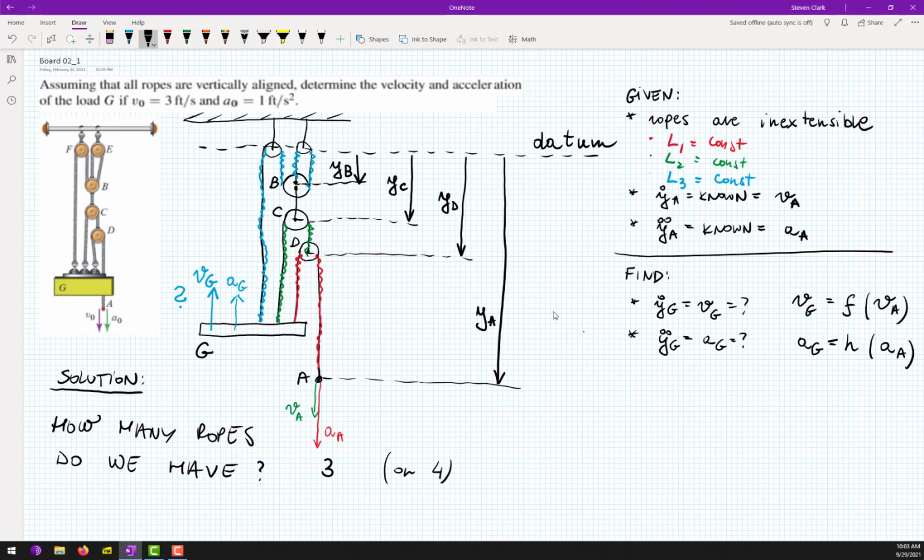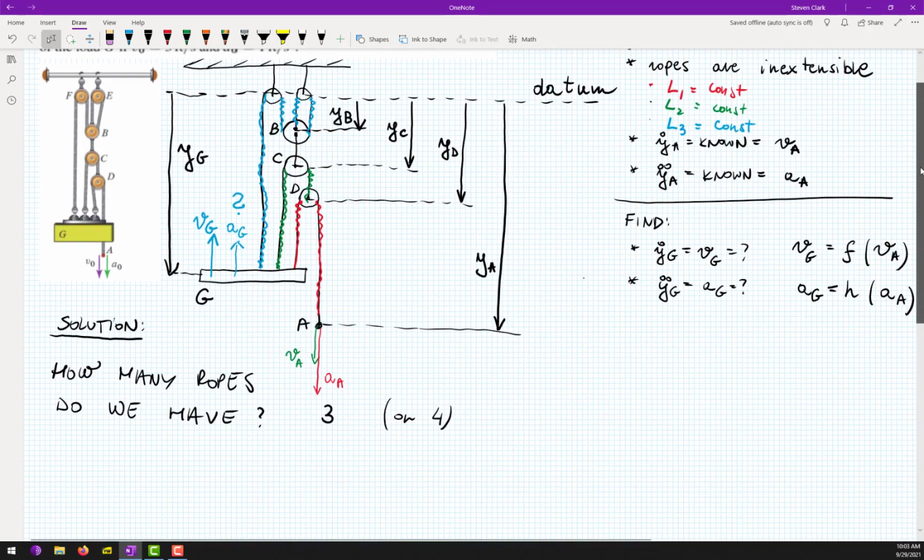And also let's define this thing as YG. So that's that when it comes to drawing our arrows.